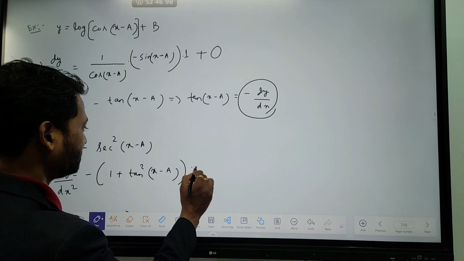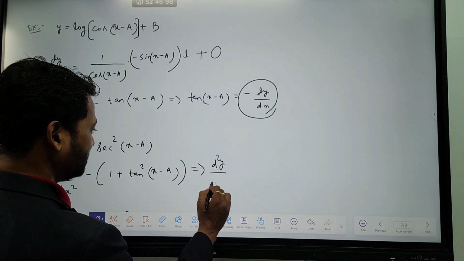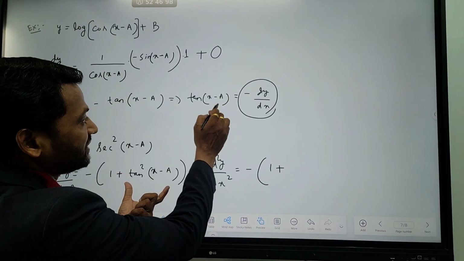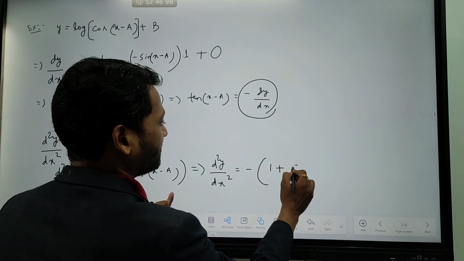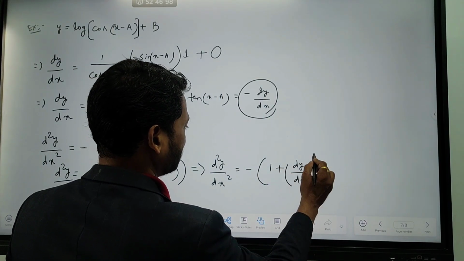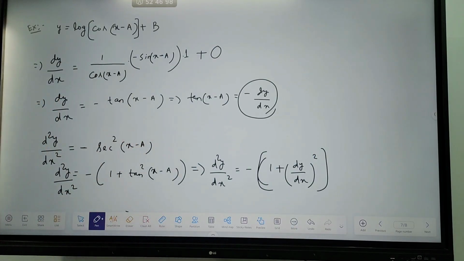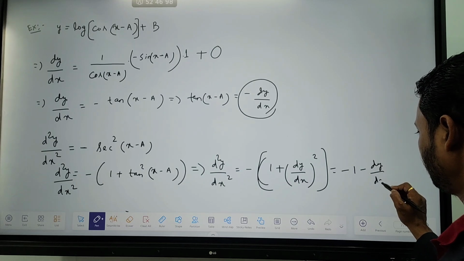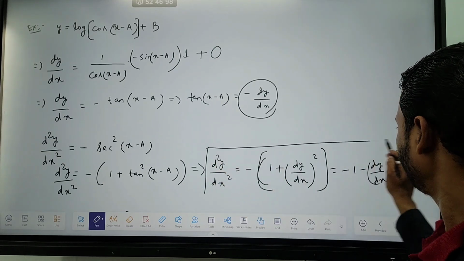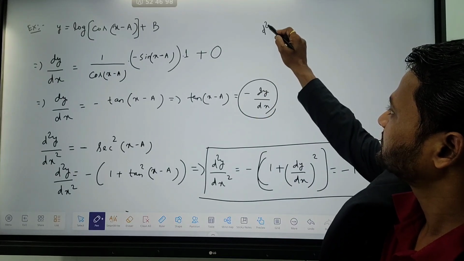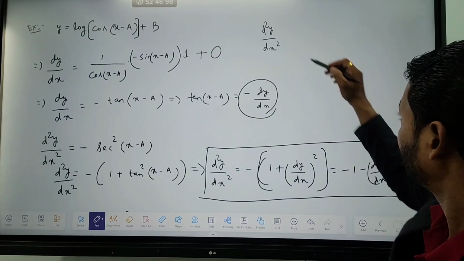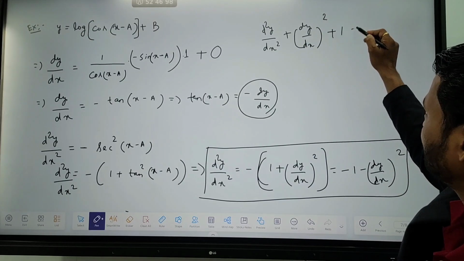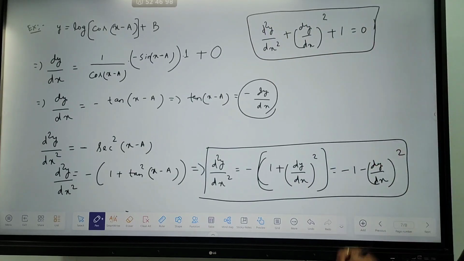So इसमें डाल दो, मतलब d square y by dx square is equal to 1 plus, ये जो tan x minus a का वैल्यू क्या है, minus dy by dx, उसका स्क्वायर क्या होगा, मतलब dy by dx का स्क्वायर. ठीक है, understood. So now I can write it as 1 plus dy by dx whole square. So complete part I can write here like d square y by dx square minus dy by dx whole square minus 1 is equal to 0. ये हो गया आपका डिफरेंशियल इक्वेशन. क्लियर?